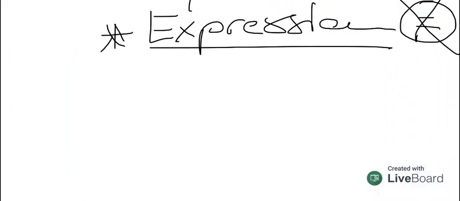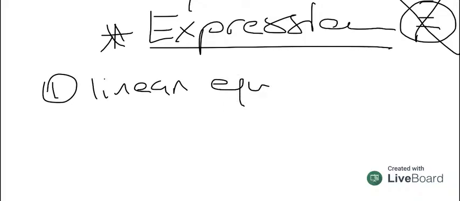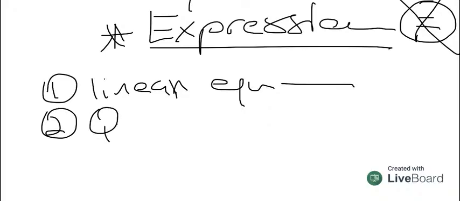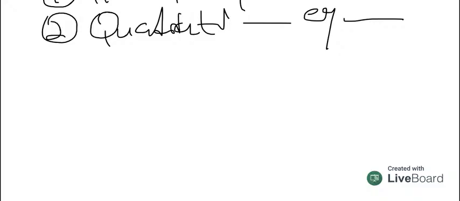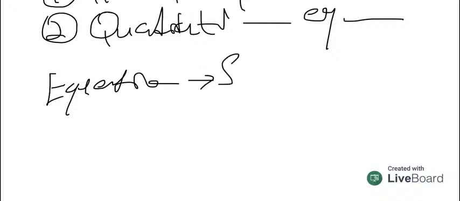So now let's see. When it comes to an equation, I did mention that we have a linear equation, and number 2 we've got a quadratic equation. Remember, I did say that when you have an equation, we solve. What are we solving?